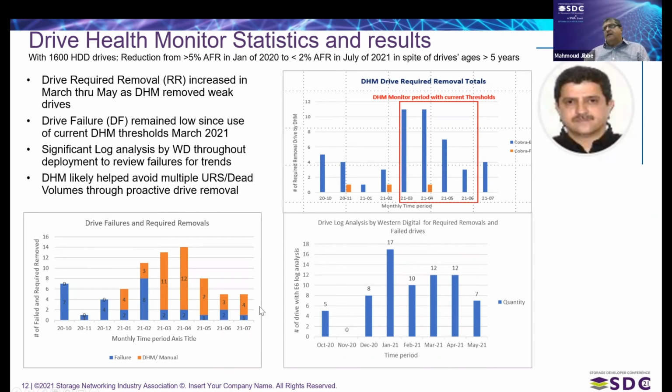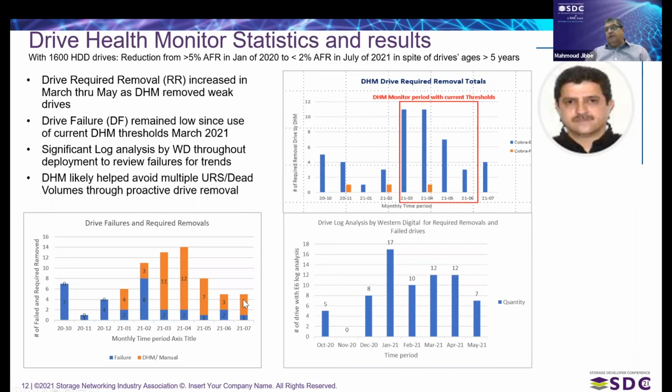The bottom line and takeaway is that the drive health monitor actually stabilizes the array system. It removes the bad, suspected drives by predicting failure before they happen, and that reduces the risk of loss of access, performance impact, or data corruption, and the system becomes very stable.